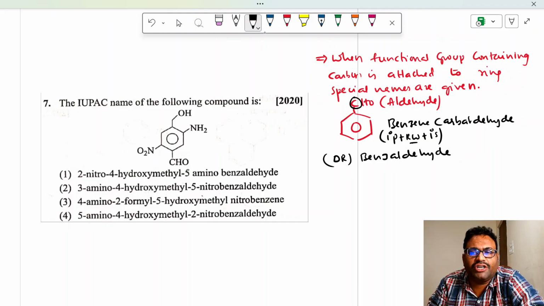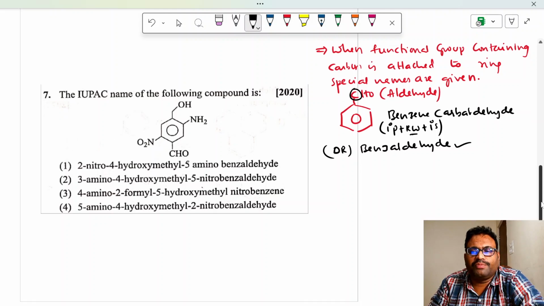According to IUPAC also you can use benzaldehyde because it is very famous. Are you getting this? So a benzene ring attached with an aldehyde functional group can be mentioned as benzene carbaldehyde or benzaldehyde.